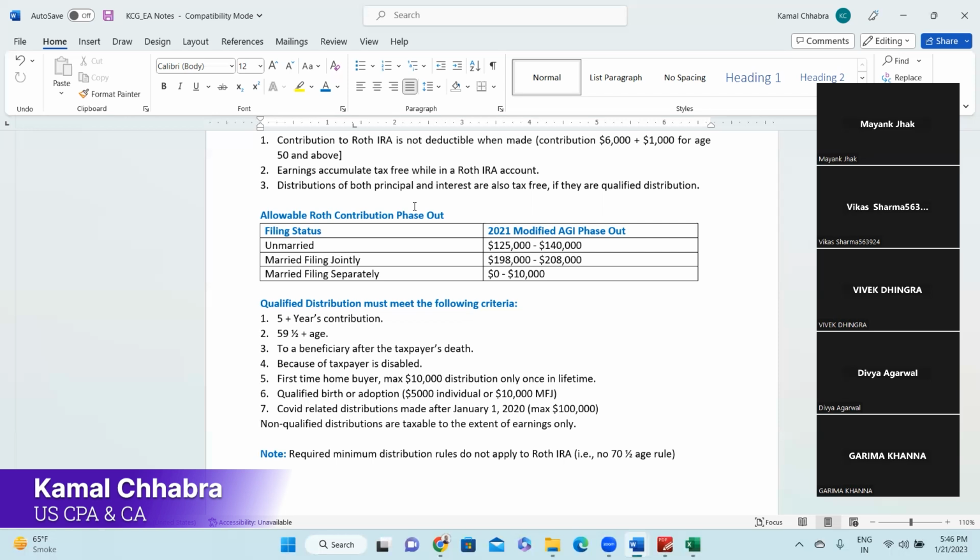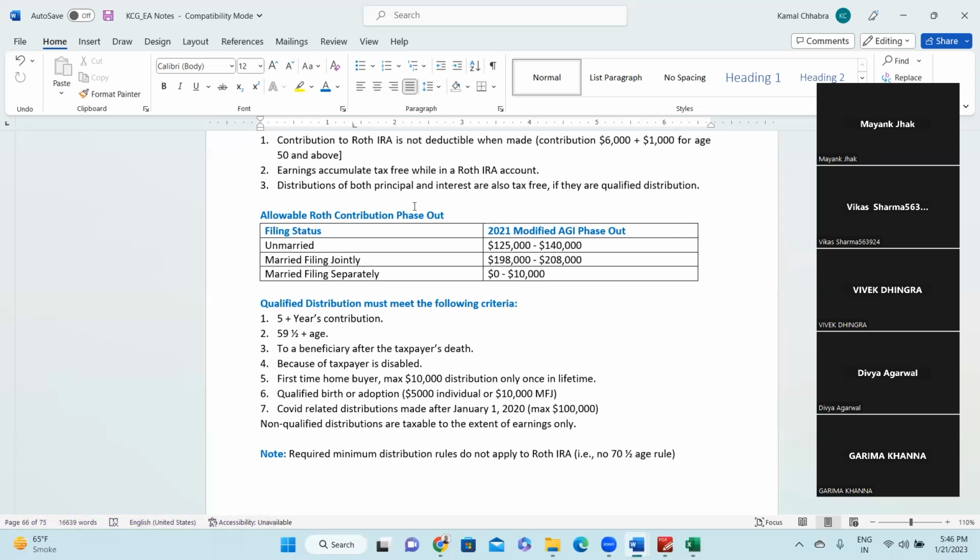Fifth point is first-time home buyer, maximum $10,000 distribution only once in the lifetime. Everyone knows buying a home is a big deal, and the government and IRS want people to buy homes. Hence, up to $10,000 withdrawn from the IRA is exempt, even if you deposited for less than 5 years or your age is less than 59.5 years.